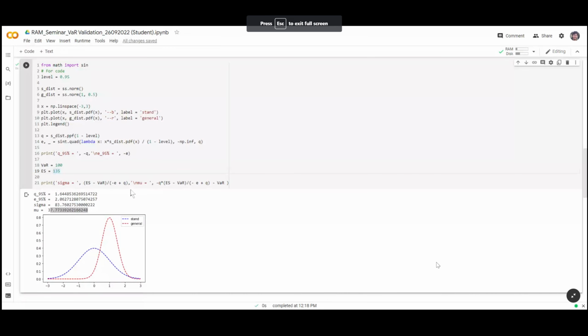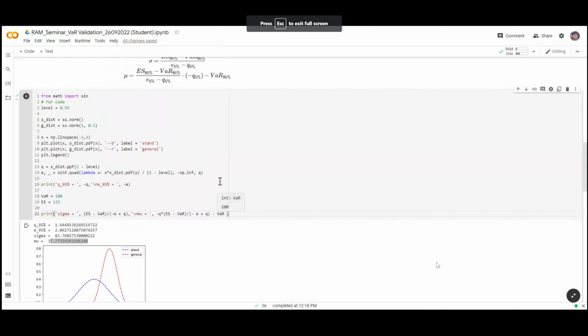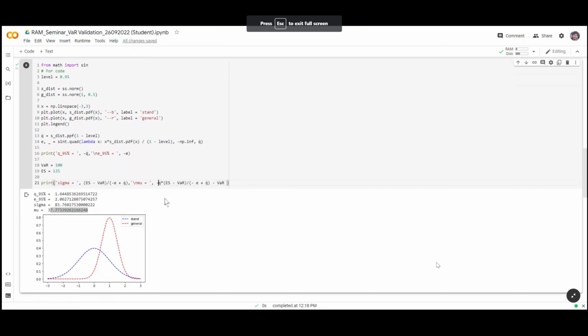So I have here, it should be greater, plus. There's a minus q. So this is the negative value, this is the positive value, and that's correct.